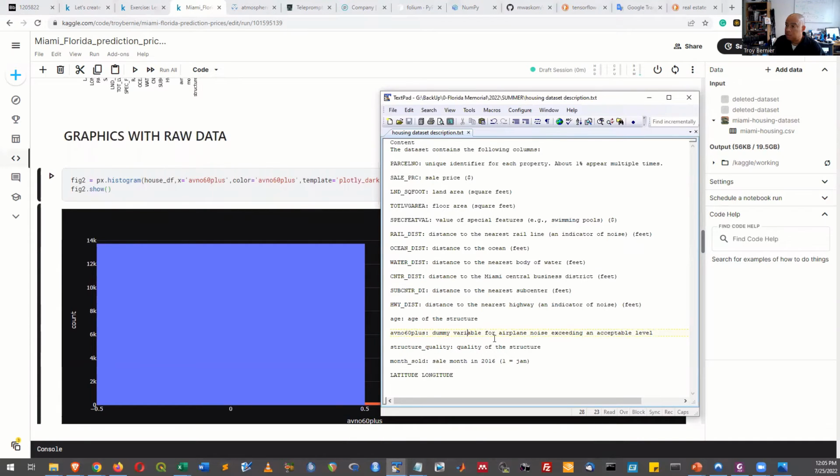Dummy variable. So this is a dummy variable for airplane noise exceeding an acceptable level. That's what this is. And it's 0.